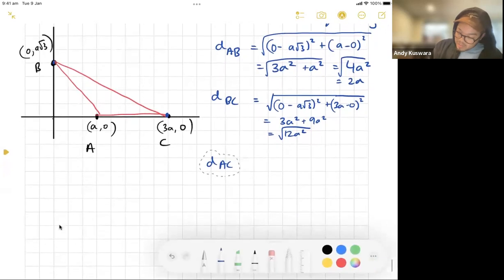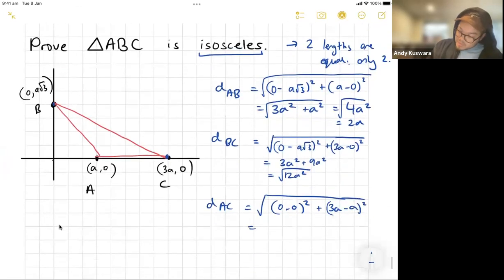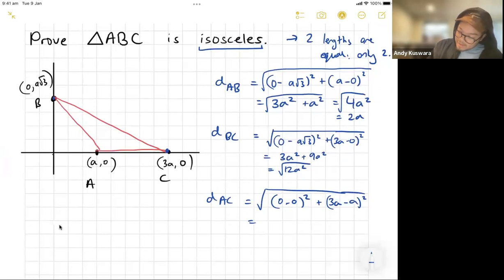Let's try prove this last one, A and C. Let's see how we go. It's going to be y2 minus y1, so 0 take away 0 squared plus x2 take away x1 squared. This is going to give me the square root of 0 squared plus 2a squared.